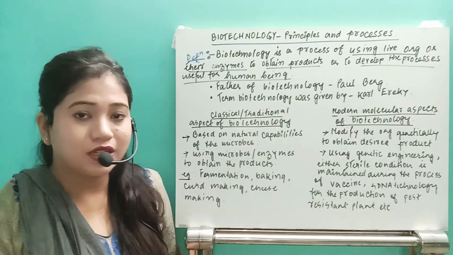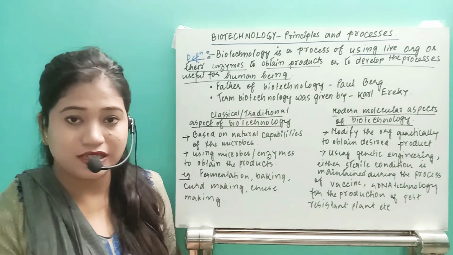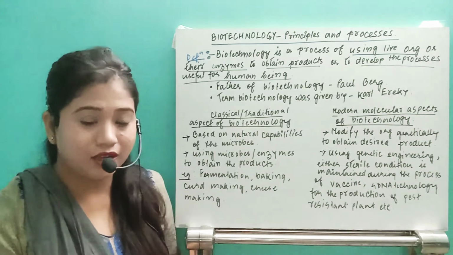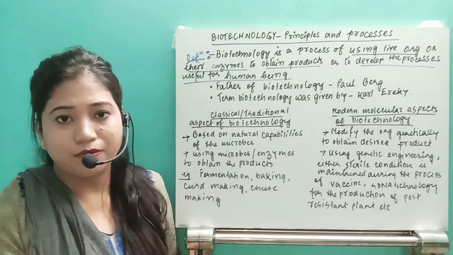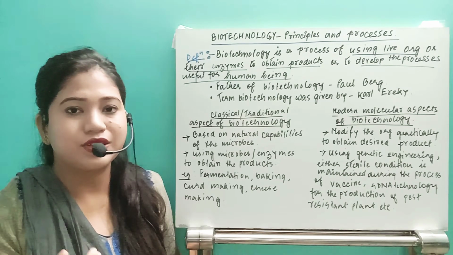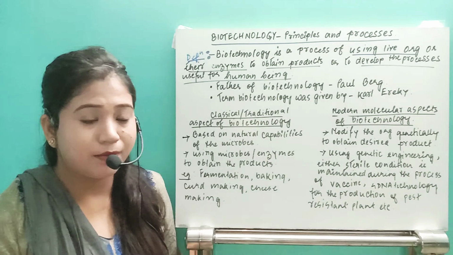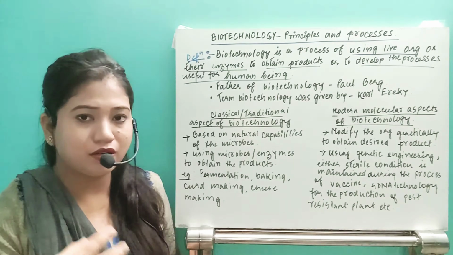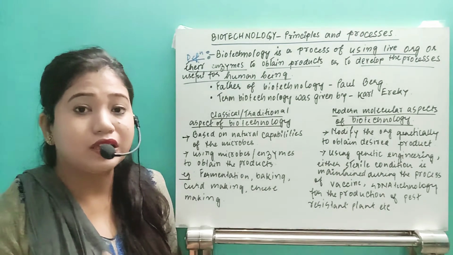So we use directly the whole microorganism, suppose in the curd making process, that is LAB, or their products. Suppose in case of one product, some enzyme, suppose acetic acid that is extracted from one Aspergillus or some other microorganisms, those products we actually use.